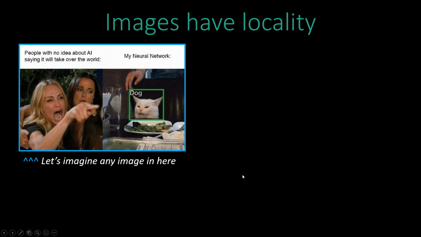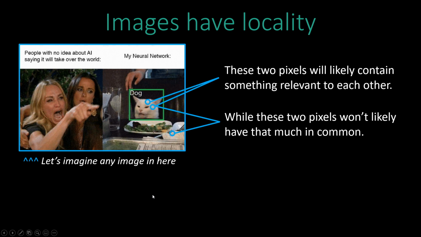So to illustrate it a little bit, this could be any image. I just chose this one. So consider all of this as just a bunch of pixels. If we look at two neighboring pixels, so maybe something very close to each other, there's a bunch of pixels there, right? Let's say that I selected one here and one here.